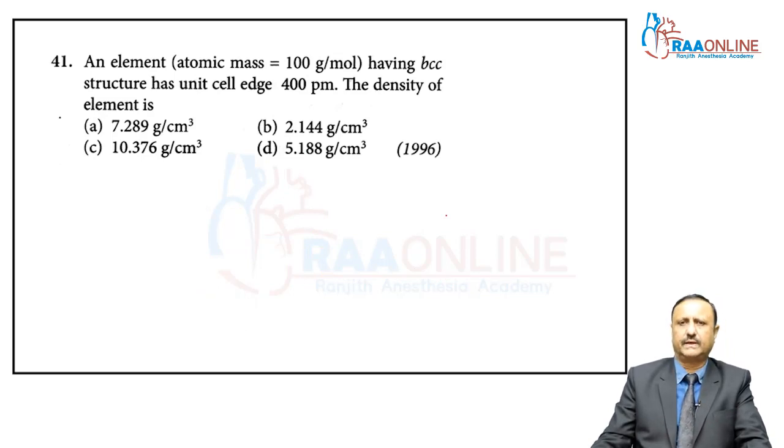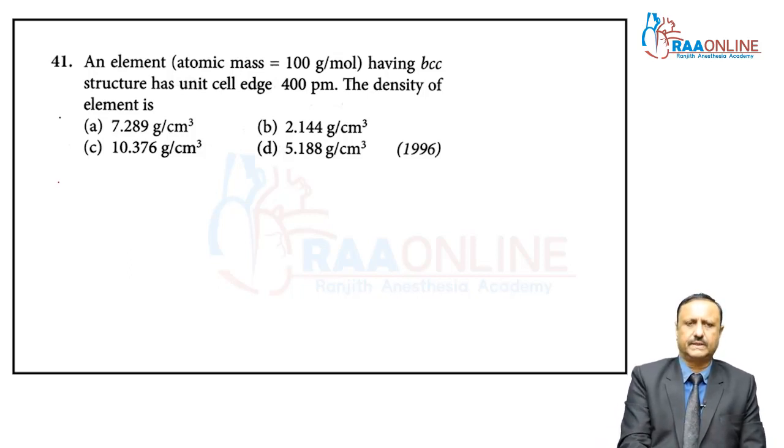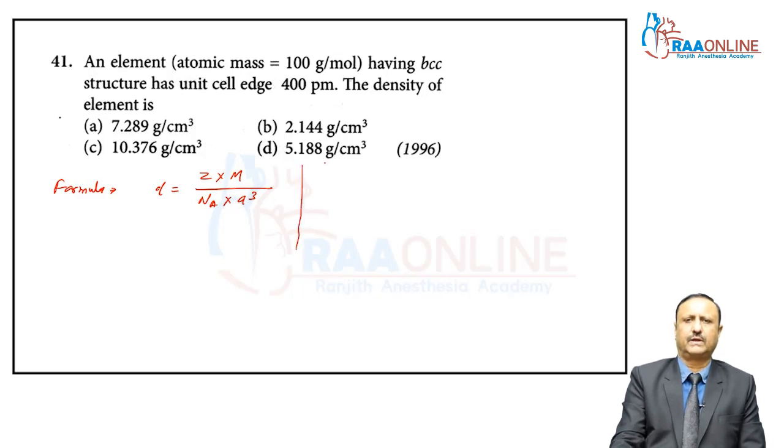An element of atomic mass 100 gram per mole having BCC structure has unit cell edge 400 picometer. The density of the element is. Here, my dear students, the formula is the same. You can use the same formula: density equals Z into M upon Na into a cube. What are the values given in this question? Here BCC structure is present, so for BCC, Z is equal to 2, and molar mass M is 100 gram per mole.